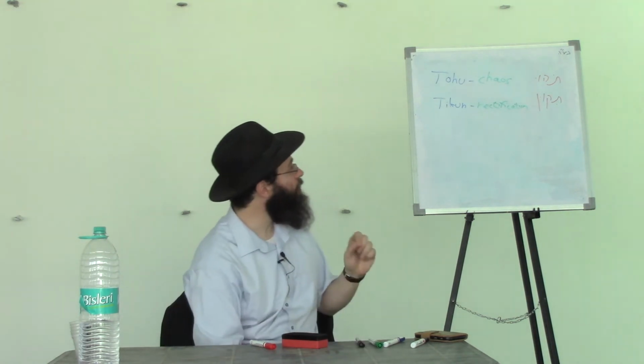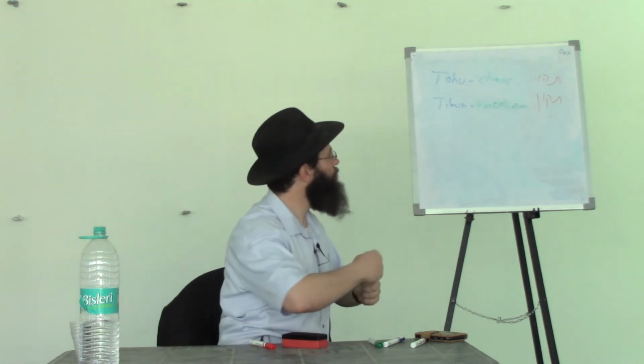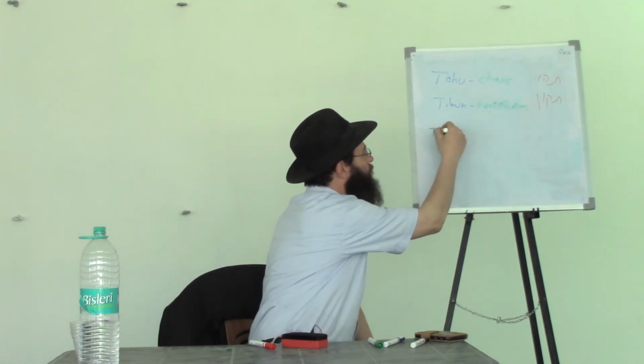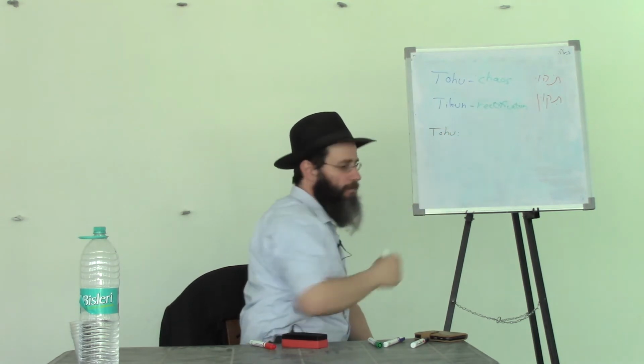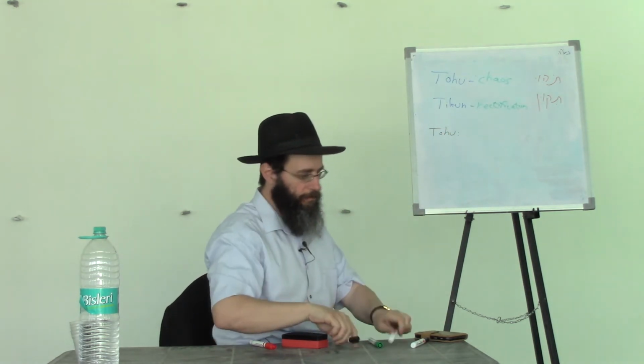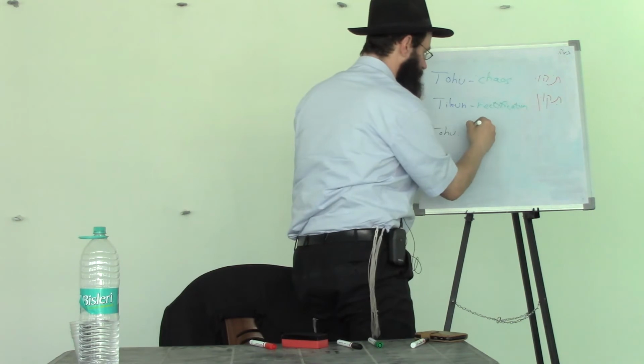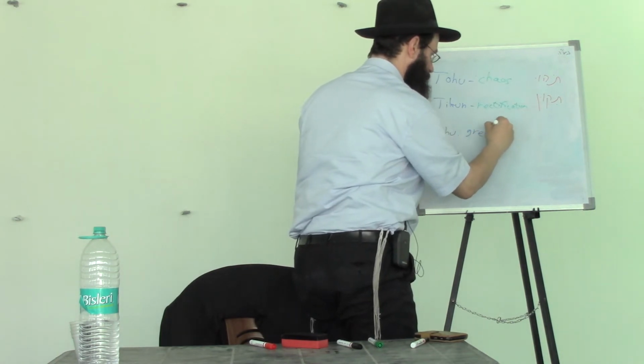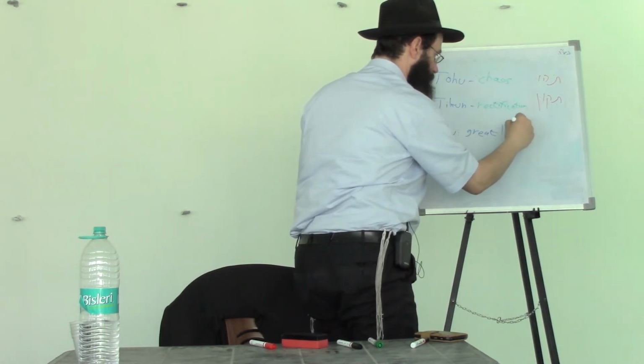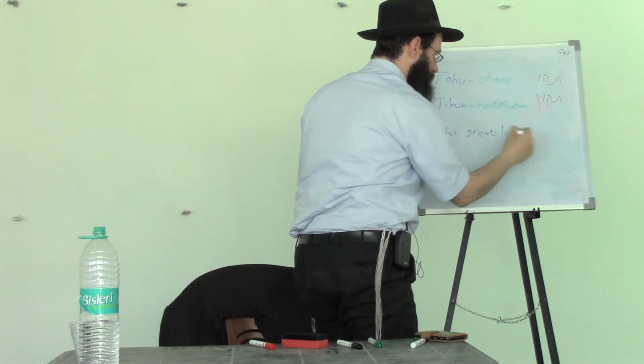So the definition of the world of Tohu is great lights, small vessels.